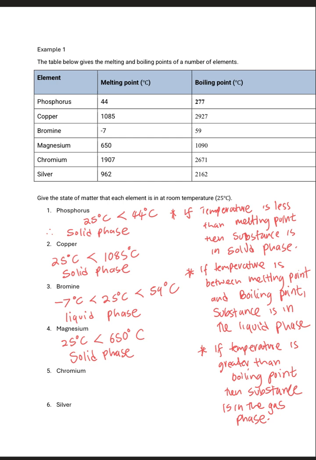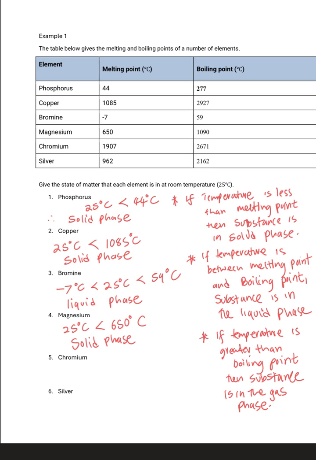And then chromium, what is the melting point? It is 1907. So we can see that 25 degrees Celsius is less than 1907 degrees Celsius. So chromium exists as a solid at room temperature. And then what about silver? The same thing. We see that the melting point of silver is 962.